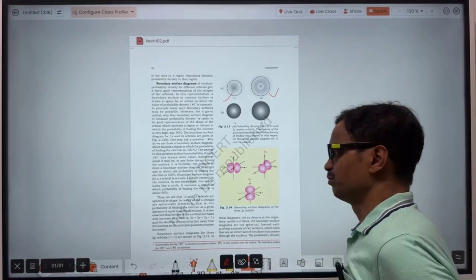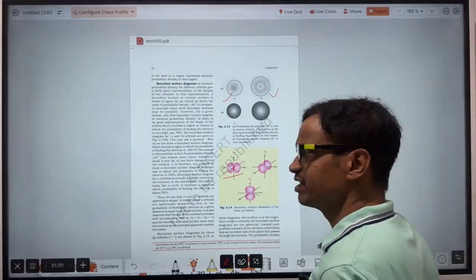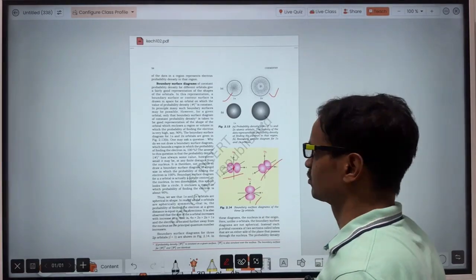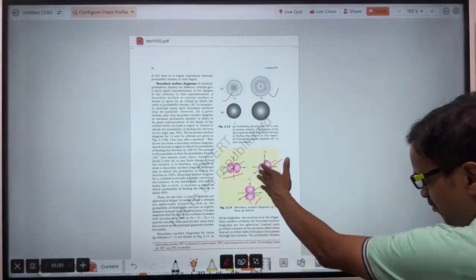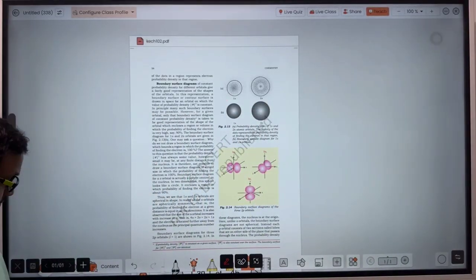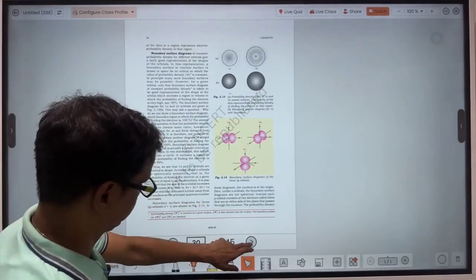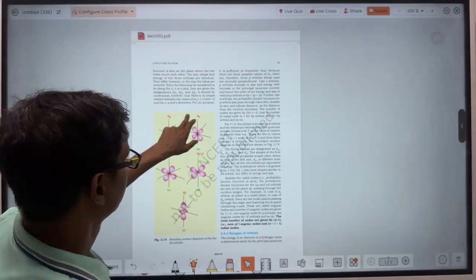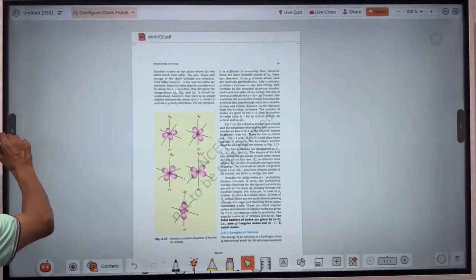The p orbital has a dumbbell shape, so the boundary surface diagram will be a dumbbell. For the d orbital, it will be a double dumbbell.